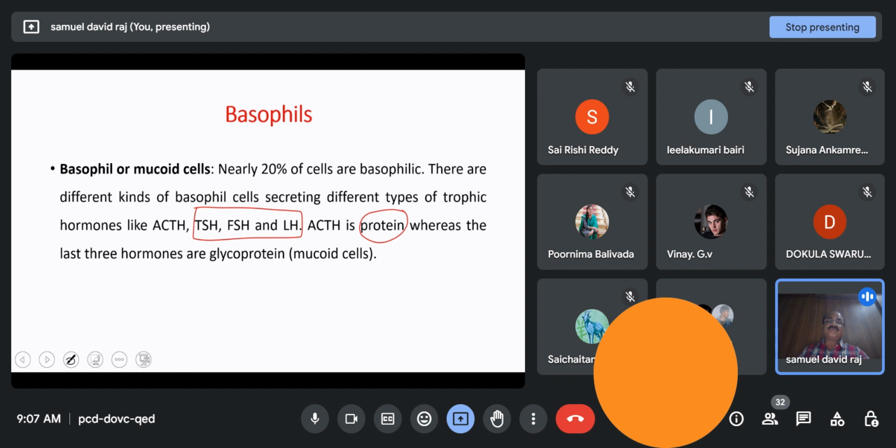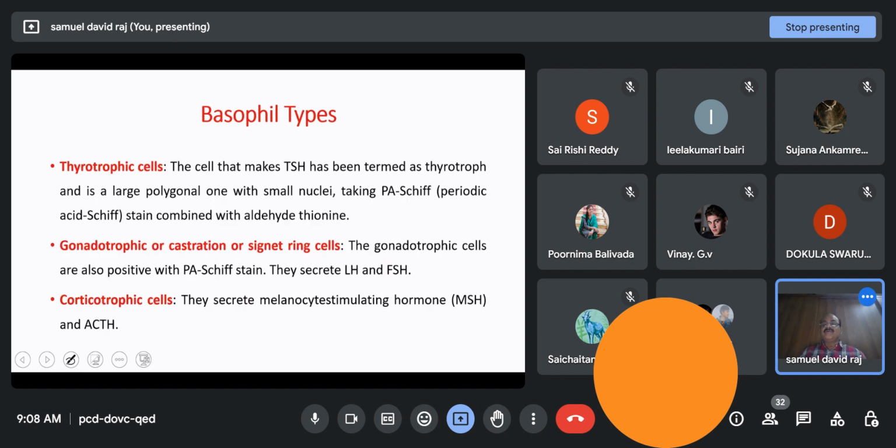I asked you one question when we were discussing the classification of hormones. I asked you to identify what are the peptide hormones, what are the protein hormones, what are the glycoprotein hormones. And here the glycoprotein hormones are thyroid stimulating hormone, follicle stimulating hormone, and luteinizing hormone. These are secreted by different cells. The first cell is the thyrotrophic cell.